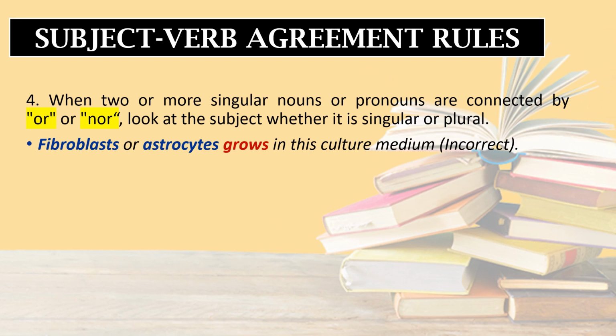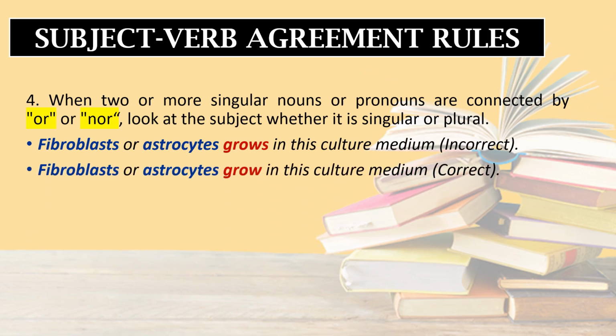Fibroblasts is plural, astrocytes is also plural. Therefore, we need to use the plural form of the verb. So instead of using grows, we have to use grow. Therefore, the correct sentence is: fibroblasts or astrocytes grow in this culture medium.